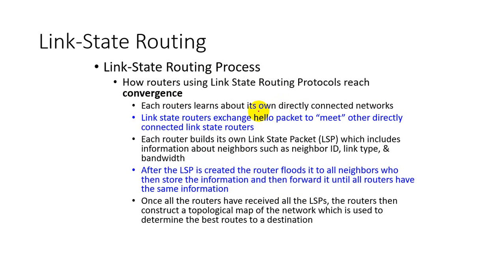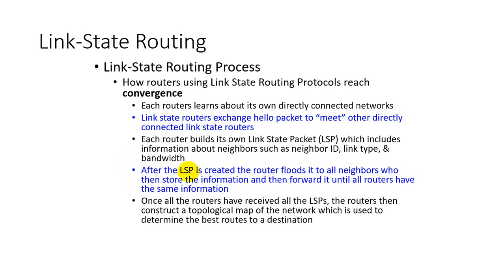Second, link state routers exchange hello packets to meet other directly connected link state routers. Third, each router builds its own LSP, link state packet, which includes information about its links, for example neighbor ID, link type, and the amount of bandwidth it has.